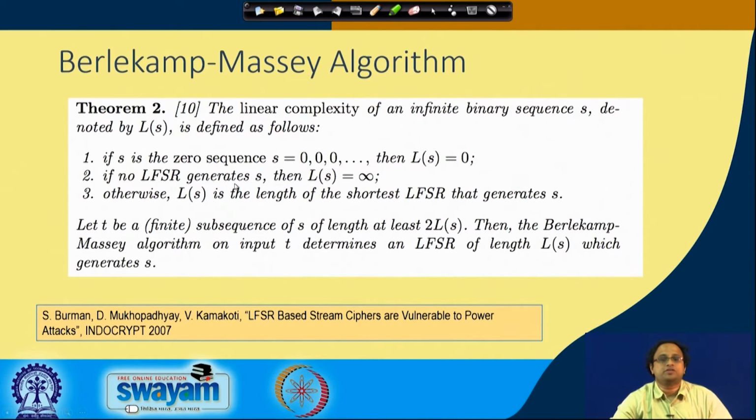On the other hand, if no LFSR generates S, then I say LS is infinity, which means that no finite linear feedback shift register can generate this sequence. Otherwise, if it is possible to generate this sequence, then LS stands for the length of the shortest, or minimal length, LFSR that can generate S.